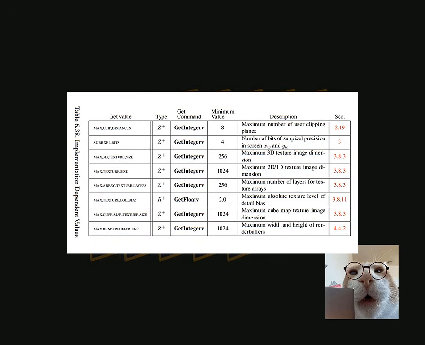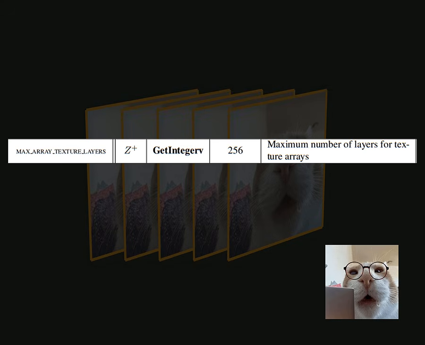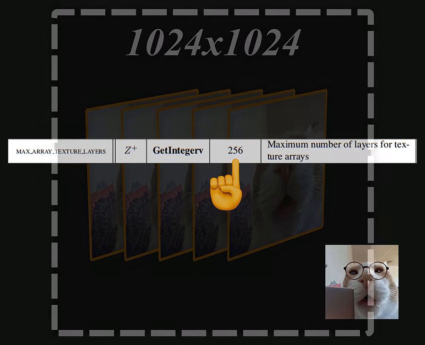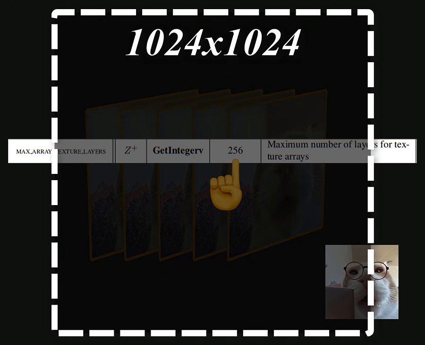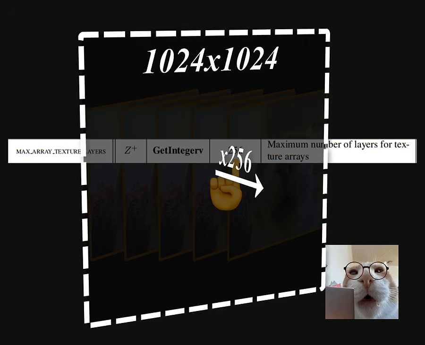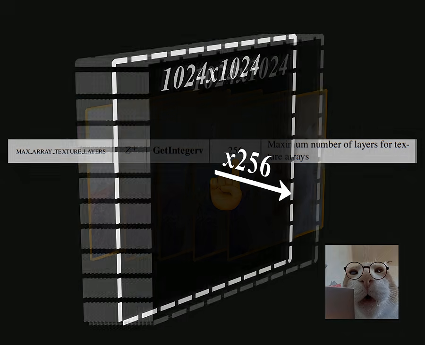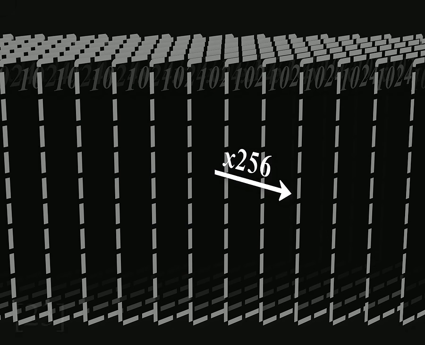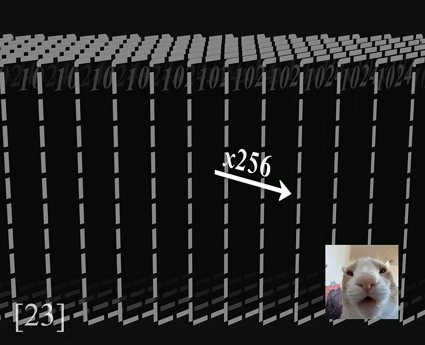The minimum amount of supported layers a texture array in OpenGL can have in the version that I'm using is 256, meaning that I could theoretically create a texture array with a size of 1024 by 1024 by 256, giving me 256 individual 1024 by 1024 texture layers, which is plenty of enough space to store many high-resolution images all in just one texture.